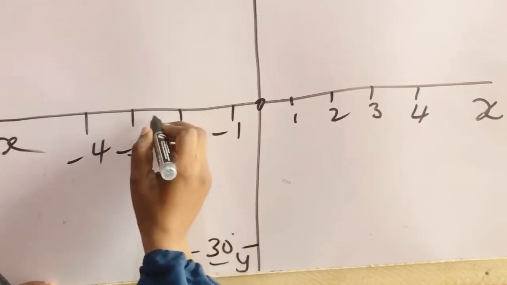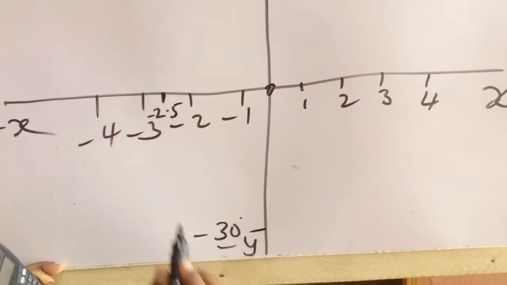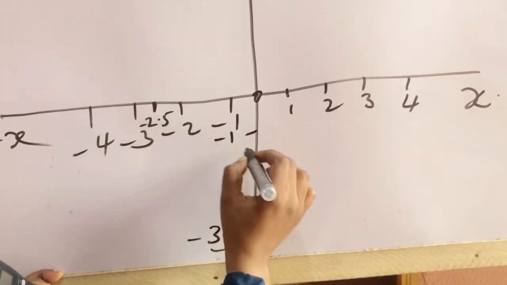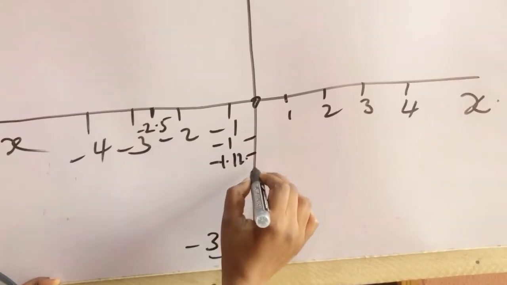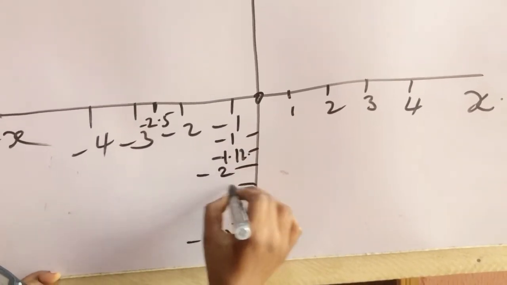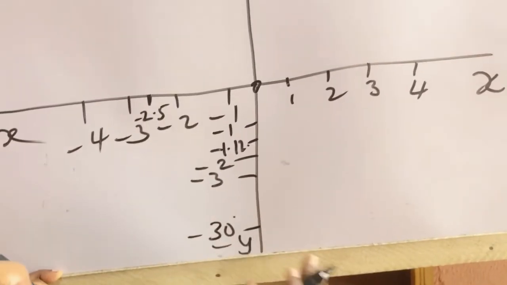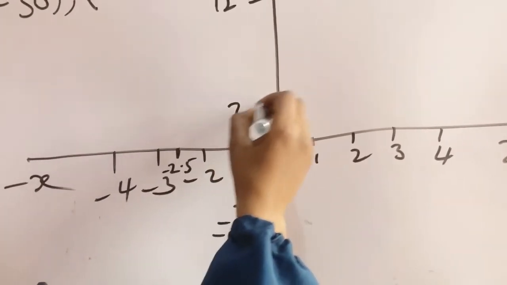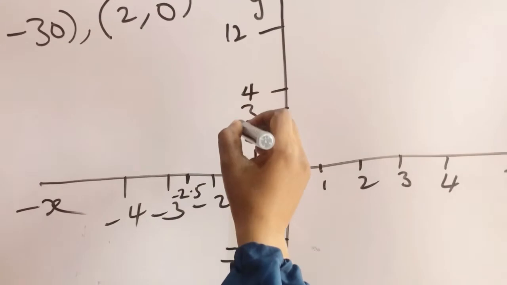Minus 2.5 will be somewhere around this place, then minus 1.12 will be somewhere around this place. So we are just sketching, but make sure you do your own neatly than my own.